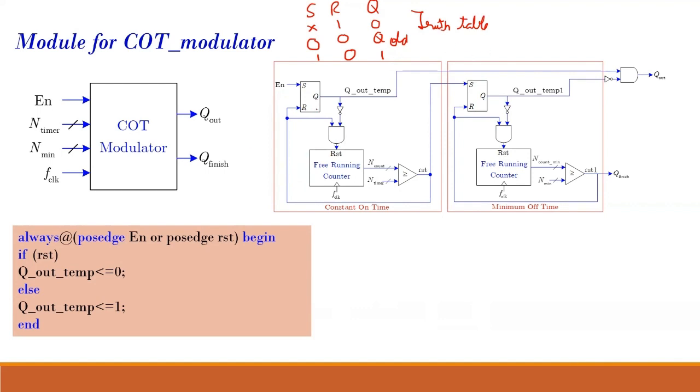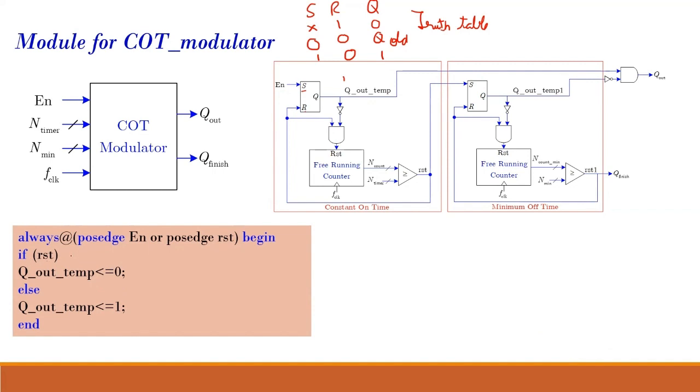Now, this set pulse. If my reset is 0 and I give an enable signal over here, then this Q out temp will take the value 1. So always at the positive edge of enable or positive edge of reset, this is a conditional statement, I will go into this block, into this code.